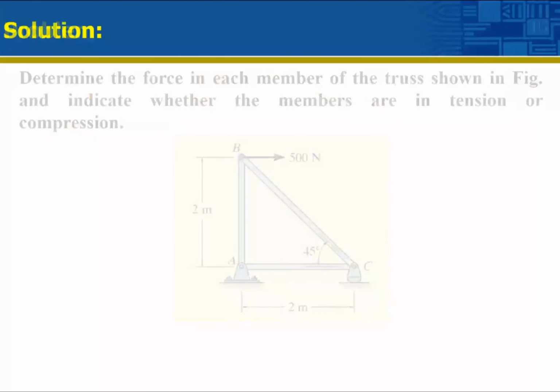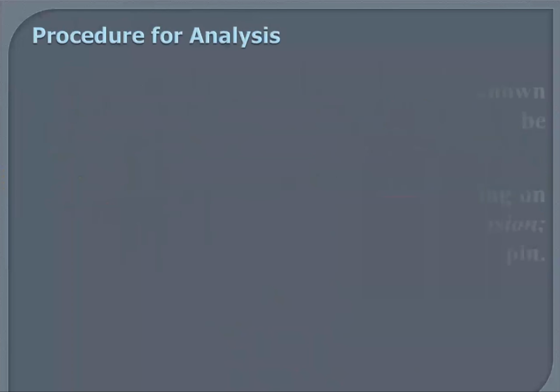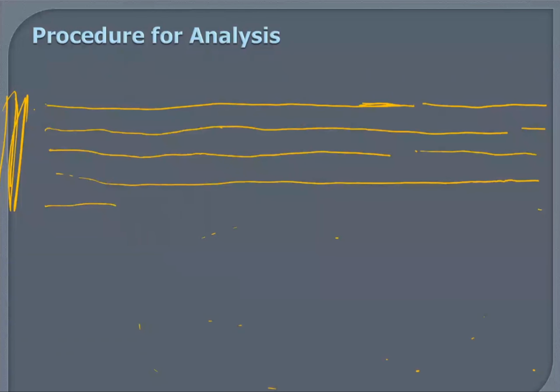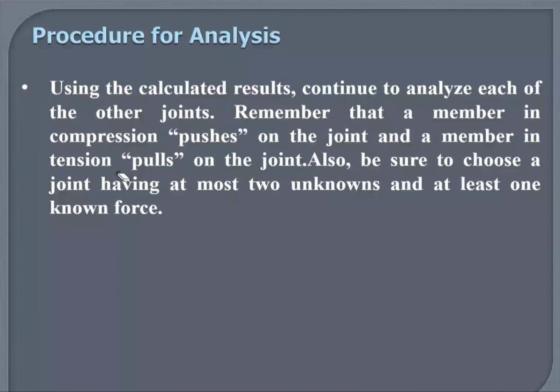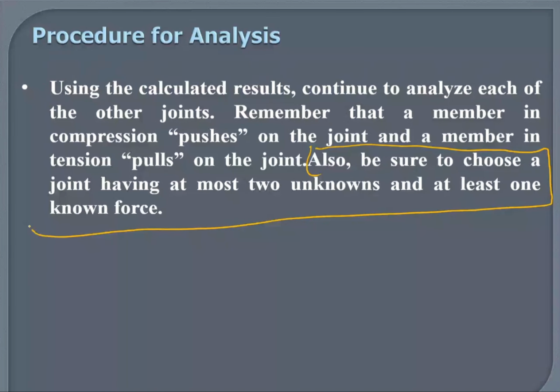Let us have a look. I need the drawing. Okay, so let us remember this point. Always be sure to choose a joint having at most two unknowns and at least one known force.